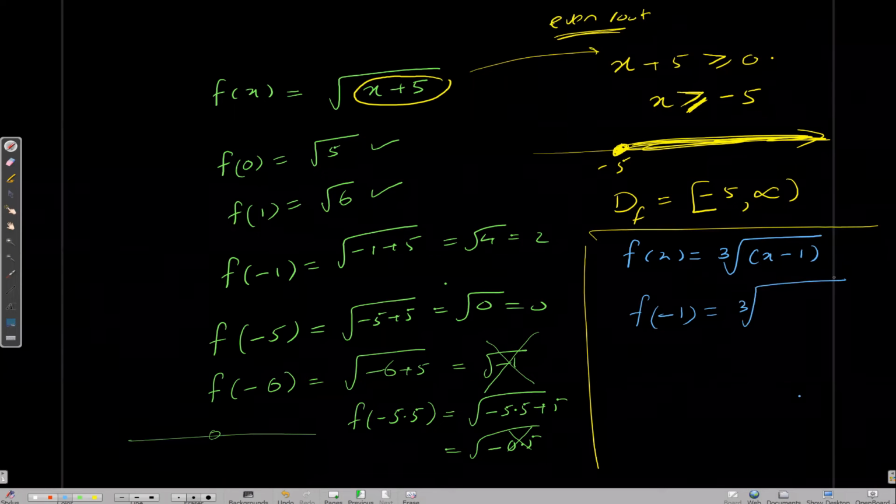When I put -1 for x, -1 minus 1 is -2, so we are looking at -2 raised to 1/3. In order to explain this, it's much easier if I choose some number that's easy to handle. So -7.